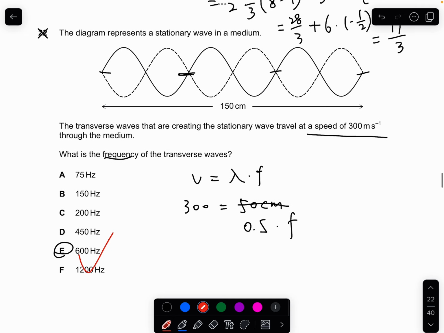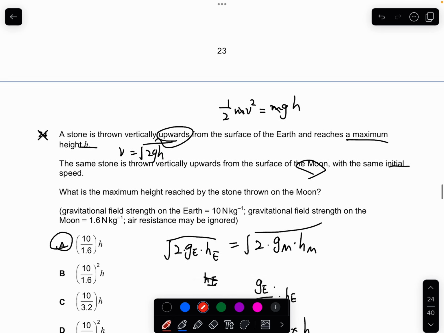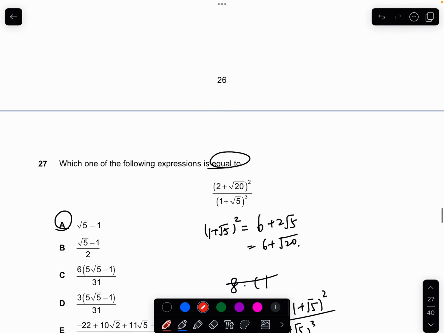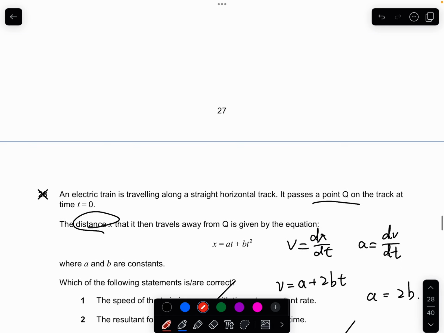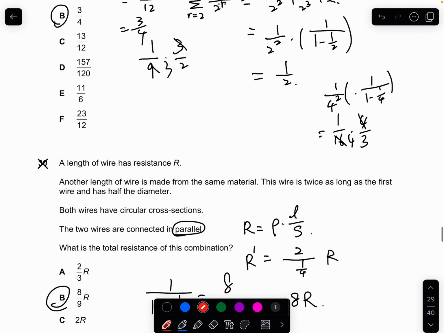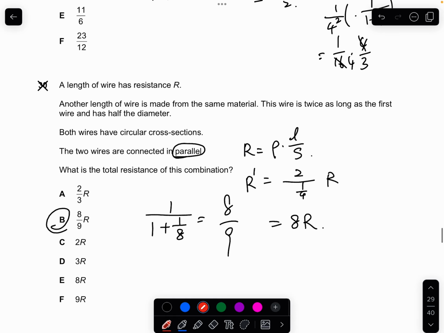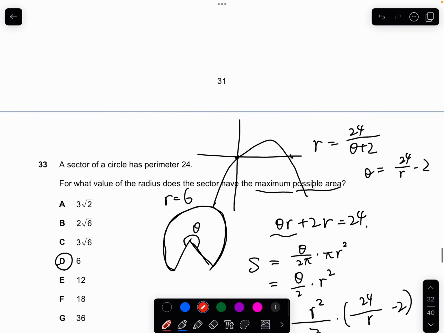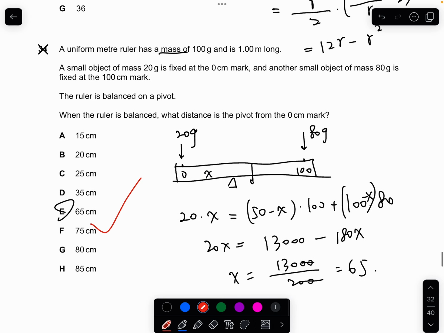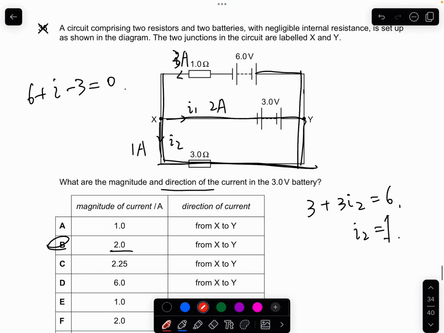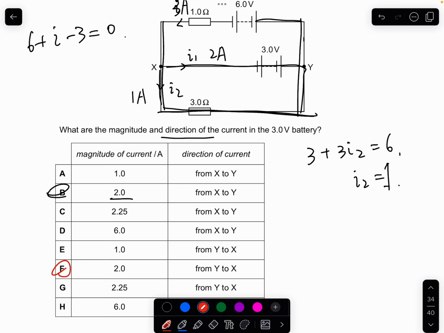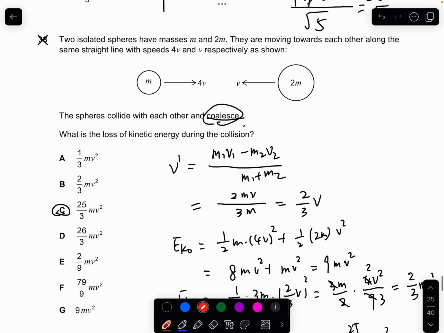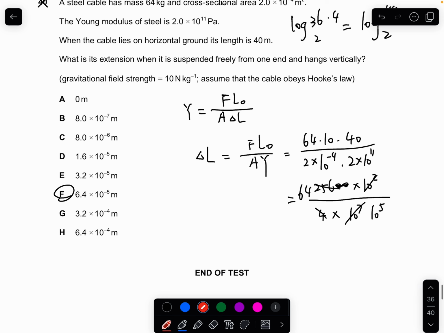A, E, A, E, A, F, A, C, yeah, correct, that's great, E, F, okay, I'll go back to it later, C, F, G.